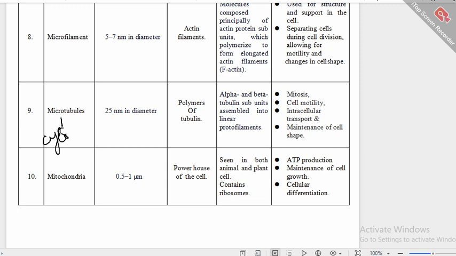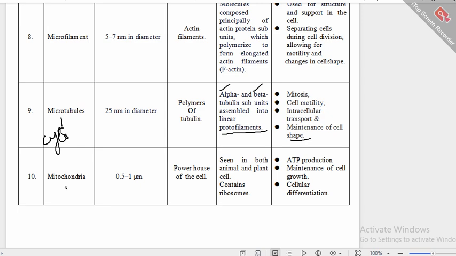Microtubules are 25 nanometer in diameter and are polymers of tubulin, such as alpha tubulin and beta tubulin subunits, which assemble into linear protofilaments like those of actin filaments. They help in mitosis, cell motility, intracellular transport, and maintenance of cell shape. As the name cytoskeleton suggests, all the cytoskeletons help in maintenance of cell shape.